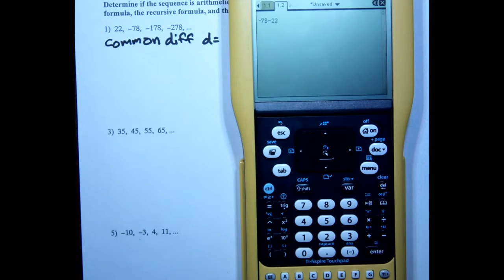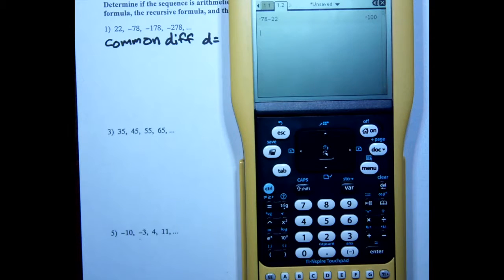So I'm going to take the second term and subtract the first term from it. Then I'm going to hit enter. Now that means minus 100. So I think the common difference is minus 100. In other words, in order to get the next term, I have to subtract 100 from it.